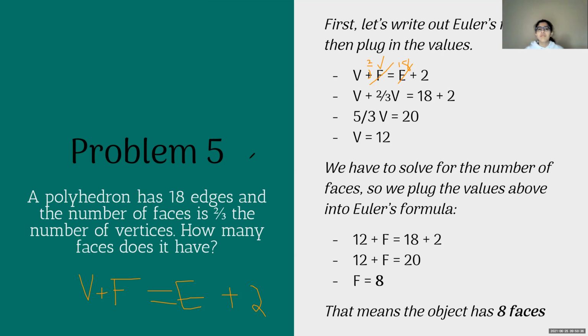And remember, since all polyhedrons follow this rule, if you ever forget it, the only thing you really need to remember is that there's a 2 in there somewhere, because you can just use a cube as your way of figuring it out again.